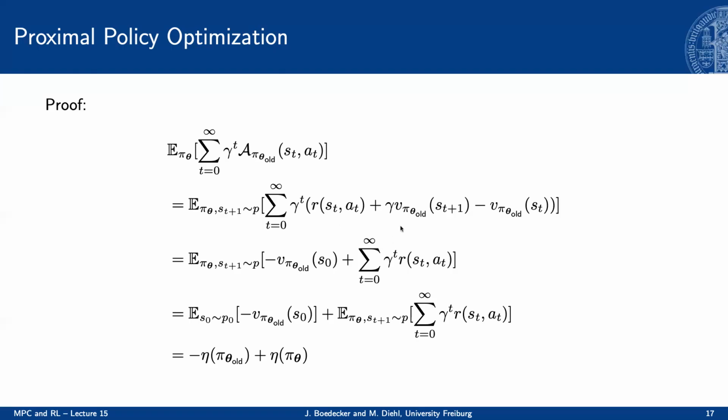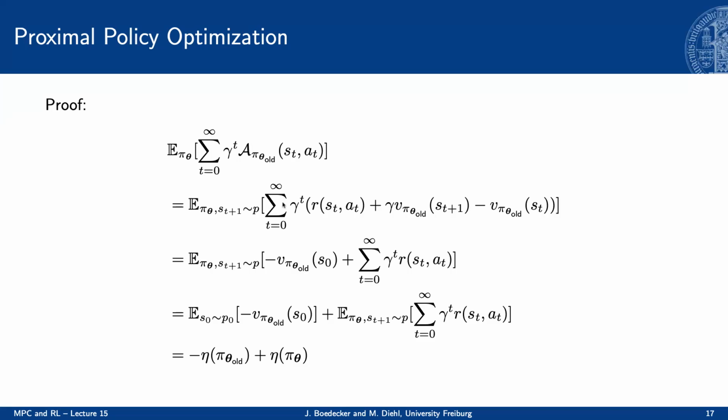And if you telescope this out over the sum, what you can realize is that apart from this very first term, where you just have minus v theta old for S0, starting in 0, for all the other terms you will have a positive and then a negative term as well. So they cancel out over this whole sum.